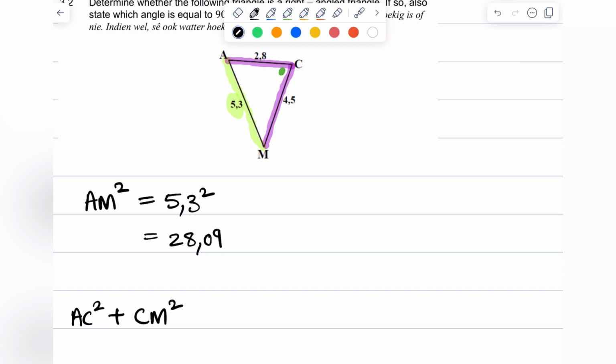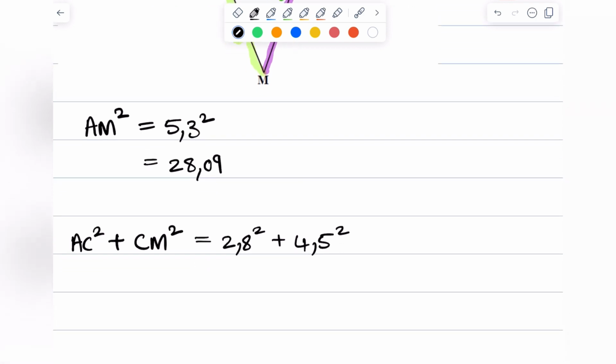So let's go calculate what that is. AC squared would be 2,8 squared, plus CM would be 4,5 squared. Notice I did not write Pythagoras anywhere yet as my reason, because I am not using the theorem yet. I'm trying to prove that the theorem works in this particular triangle.